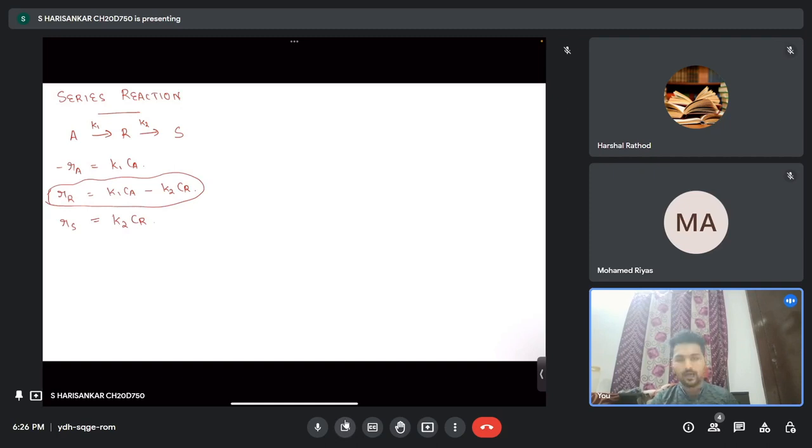This RR is basically dCr by dt, that is equal to K1 Ca minus K2 Cr, right? Here one assumption is that all these reactions are first order. Okay, so all these series reactions that happen here are first order.